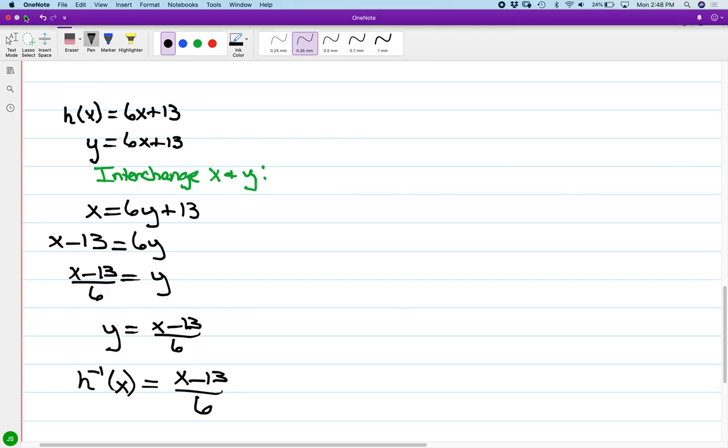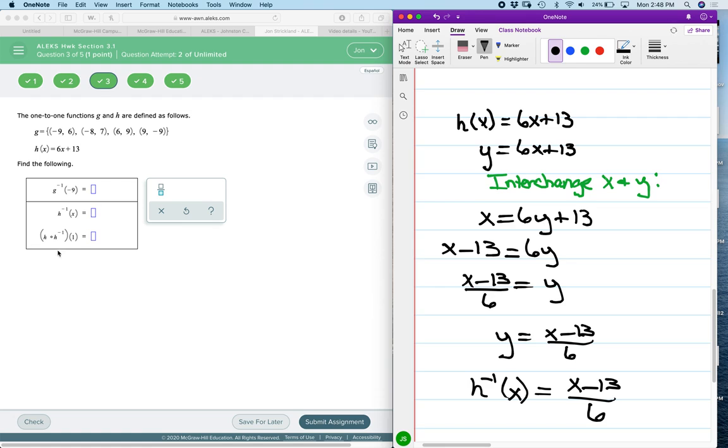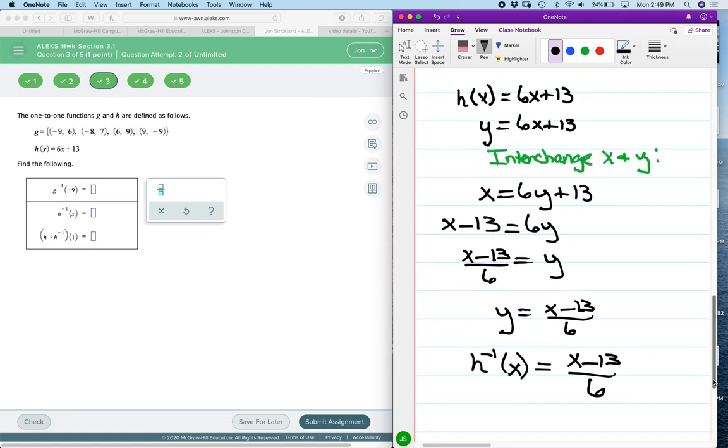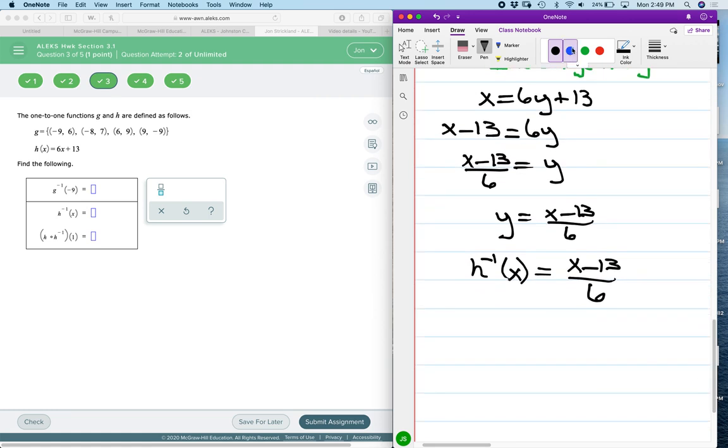Now, in looking at a function and its inverse, for h composed with the inverse at 1, and since h is a one-to-one function, the composition between a one-to-one function and its inverse at x is always equal to x.